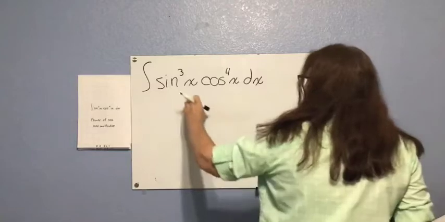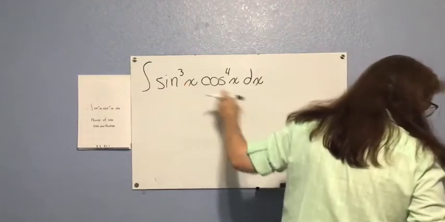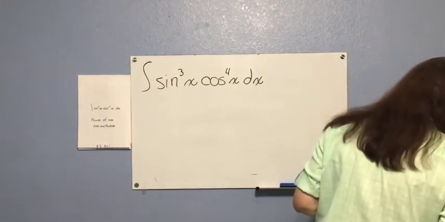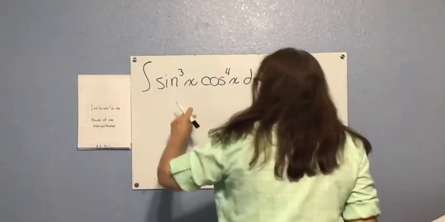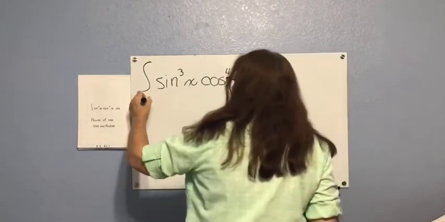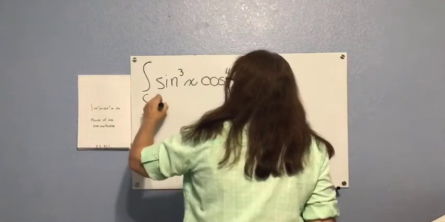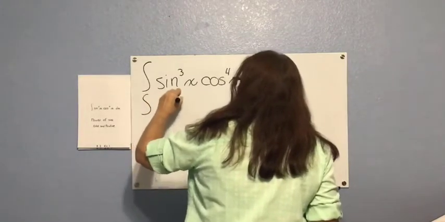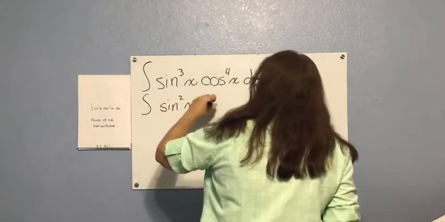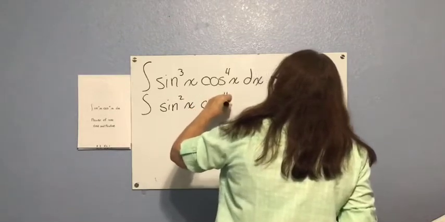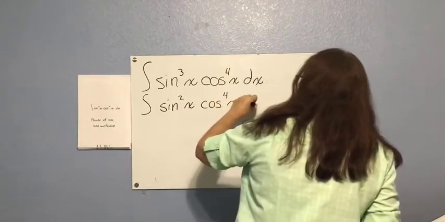We're going to change two of those sine squareds to cosines by doing this. We're going to have sine squared x, cosine to the fourth x, and then here's our third sine.